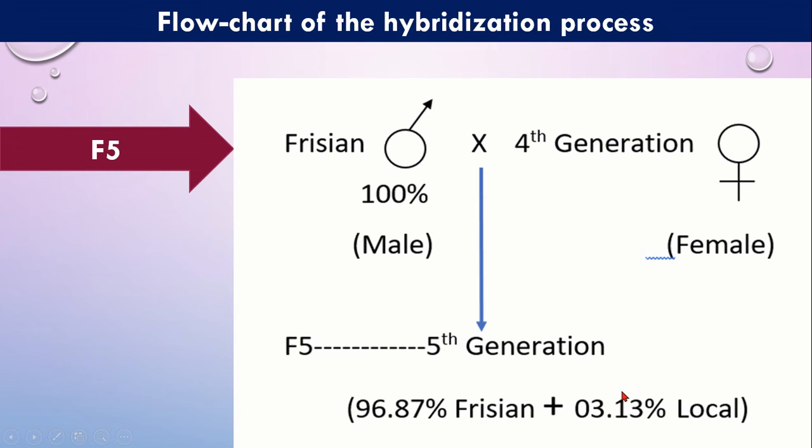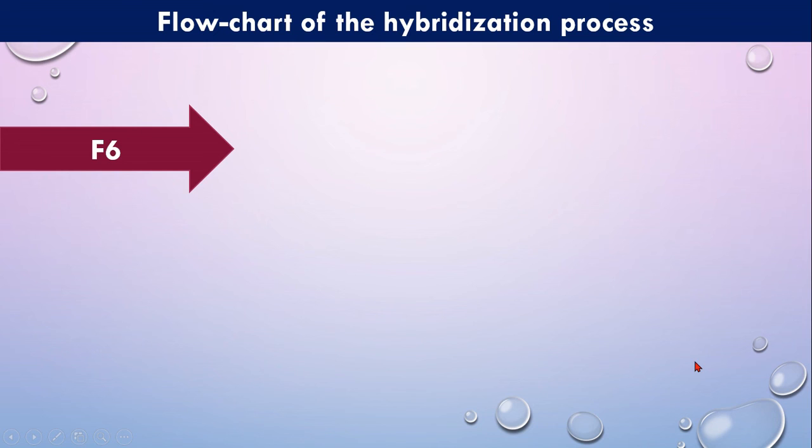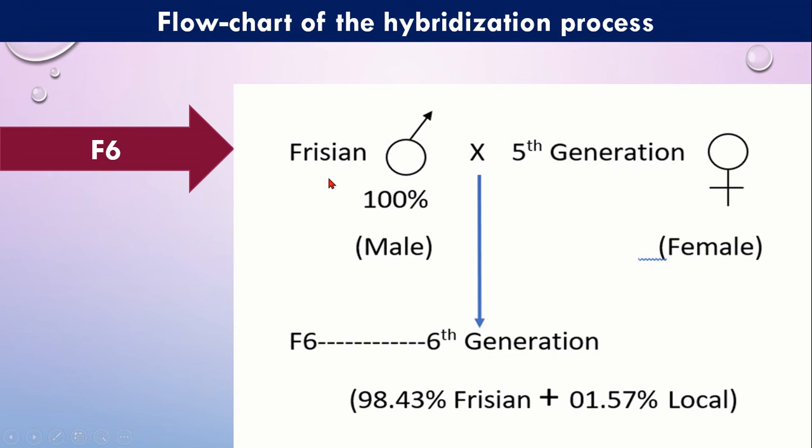Here the local breed will decrease from 6.25 to 3.1, because I told you 50% is reduced from the local, and the Friesian increases here. So altogether 100%. Again in 6 steps, improved variety semen is injected to the fifth generation, if that is female.